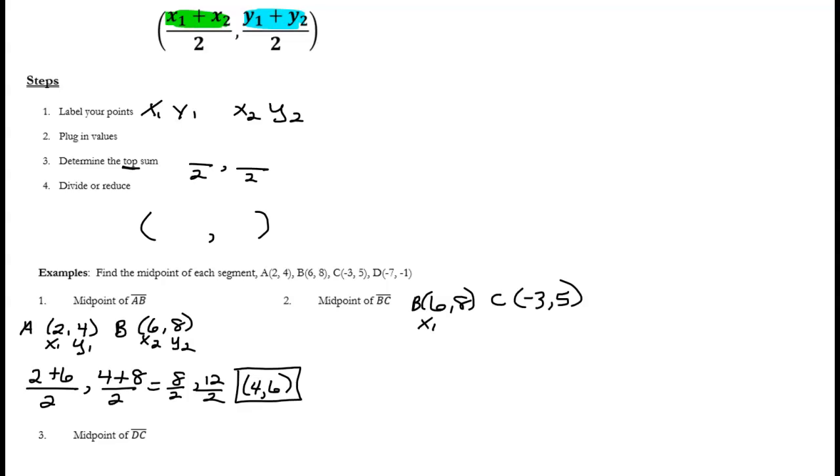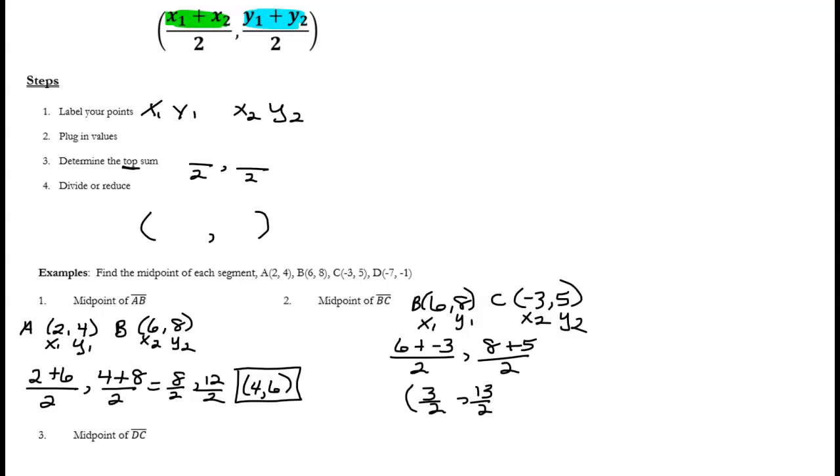Okay, so you should have had x1, y1, x2, y2. And so it would have been 6 plus -3 over 2, and 8 plus 5 over 2. Well, 6 plus -3 is 3 over 2. And 8 plus 5 is 13 over 2.